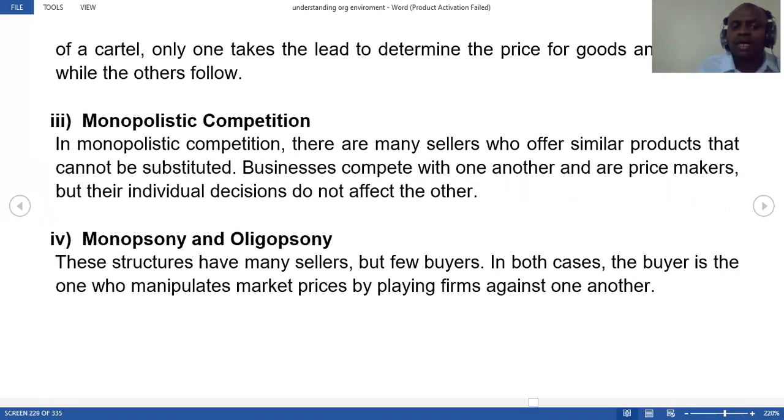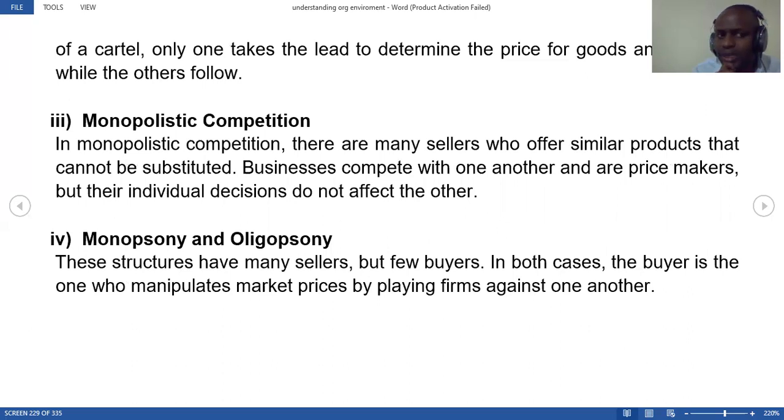Then we also have another market, which is called monopolistic competition. In this market, there are many sellers who offer similar products that cannot be easily substituted. So we have many sellers who are offering similar products, but sometimes it becomes difficult to get substitutes for those products. Businesses compete with one another and are price makers, but their individual decisions do not affect the others.